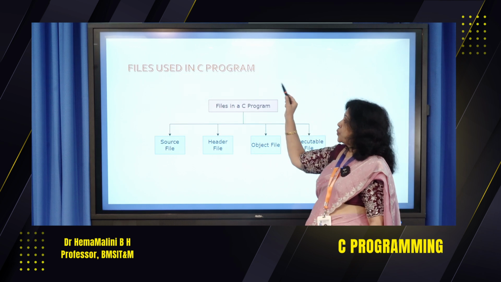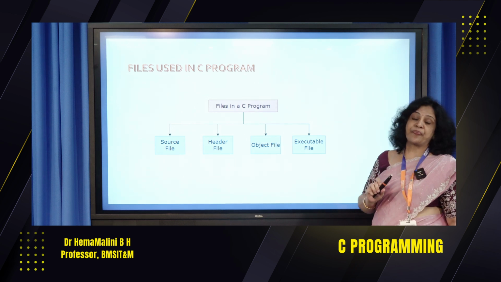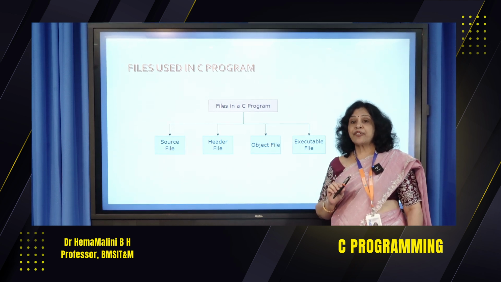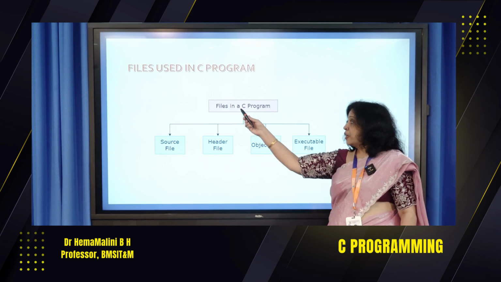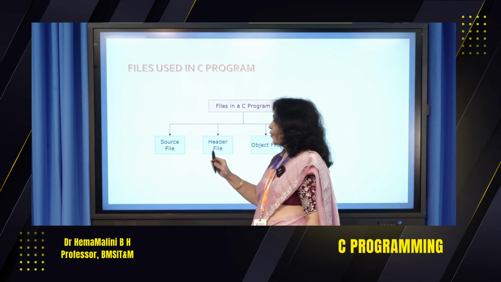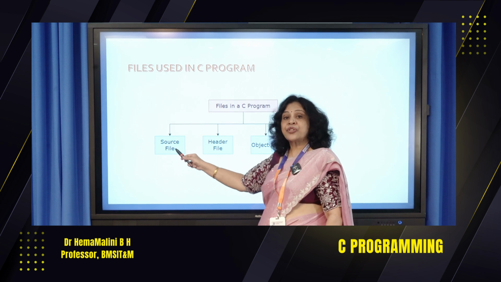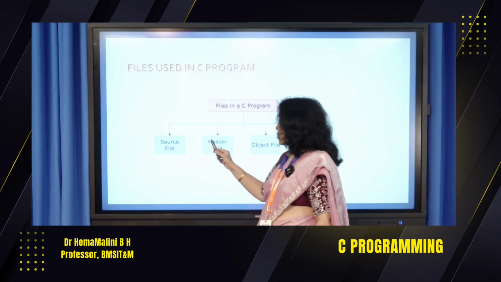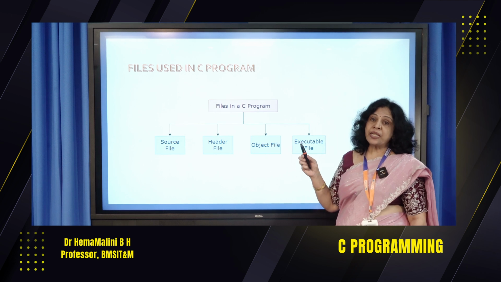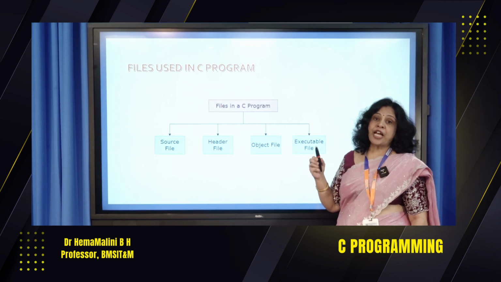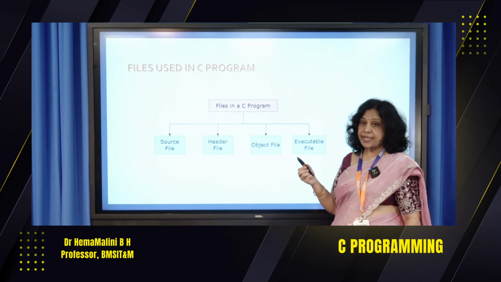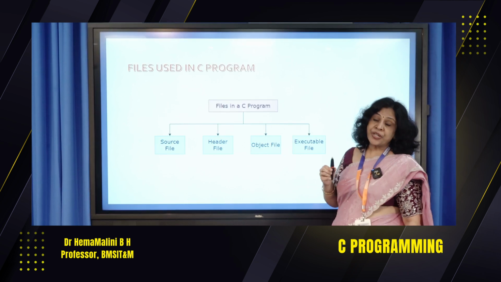The files used in a C program. Now let us do a little bit of deep diving into C. The files in a C program are divided into the source file, which is the one the user is going to write. Then the header file, which ends with .h, like stdio.h, string.h, math.h, etc. Then the object file.